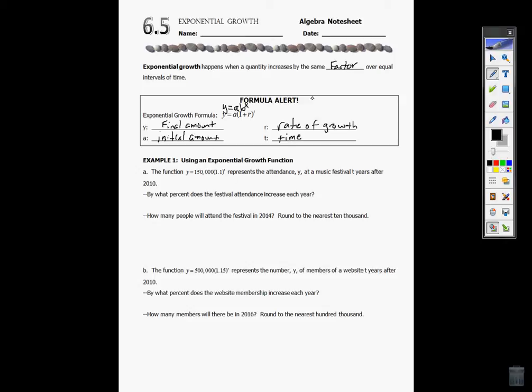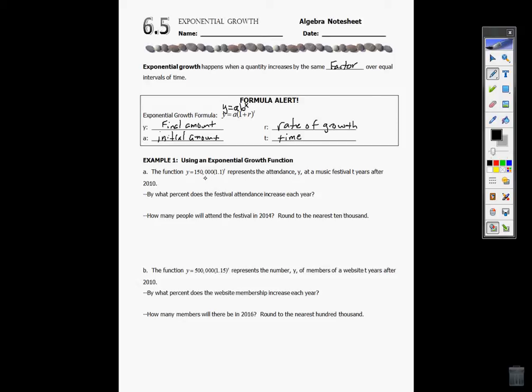Now let's take a look at all of these things in action. In example 1, we are using an exponential growth function that says y equals 150,000 times 1.1 raised to the t. And it represents attendance at a music festival after so many years after 2010.